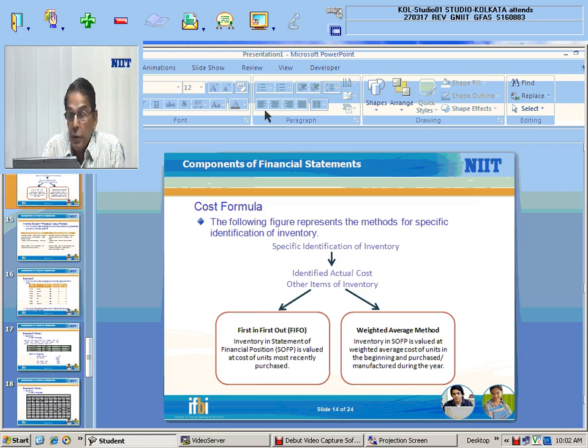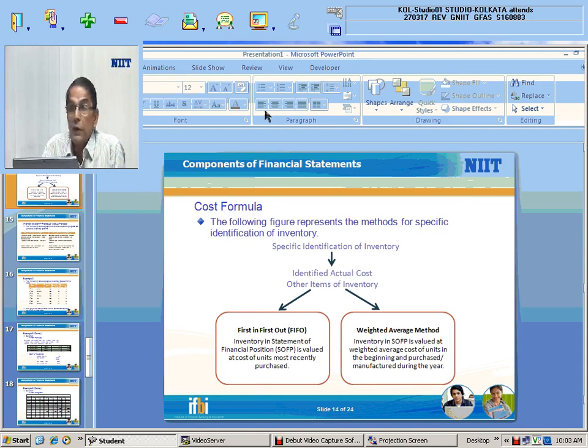So either the first in, first out method or the weighted average method, one of these two can be used for items of inventory for which you cannot identify the actual cost. Either the actual cost has to be identified using the retail method of costing or the standard costing technique, or otherwise, where identified actual cost cannot be measured, then for other items of inventory we go by first in, first out or weighted average method.